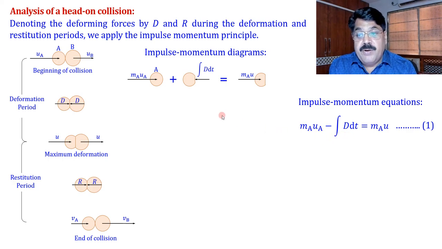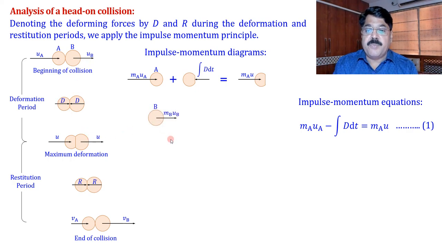Now we draw the impulse momentum diagram for body B during the deformation period. You see from here the initial momentum of body B is MBUB, and we add the impulse of this deforming force, and the final momentum will be MBU. So let us see the impulse momentum diagram. Initial momentum of body B is MBUB, and the impulse of the deforming force will be towards right.